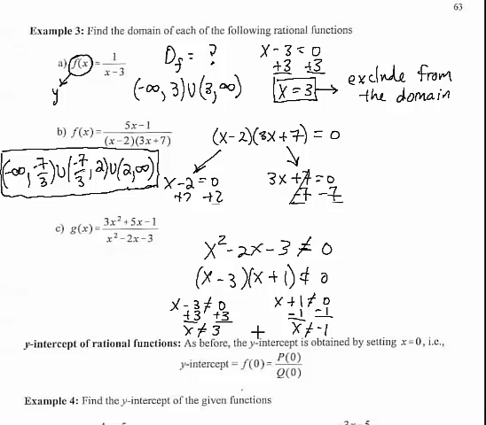So this does not equal sign is just another way of saying to exclude these from the x values. The domain is going to look like the same format as the previous one. We have two numbers that we want to skip, so we're going to have to use 3 sets of parentheses.